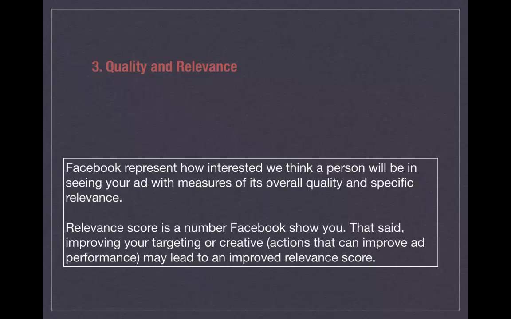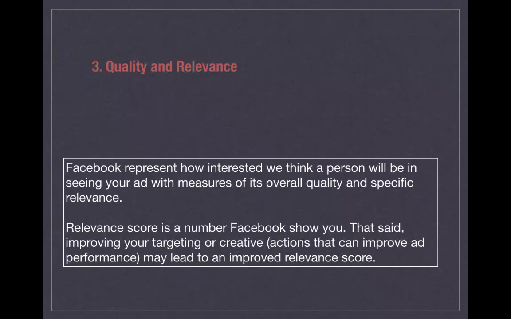Suppose, for example, you are targeting your online course, maybe a digital marketing course, to a math professor who is not interested in digital marketing, or you are targeting someone who is not interested in your content. Second, maybe your content is very poor quality, and people are not reacting to your ad.